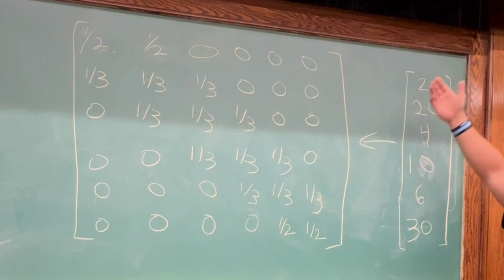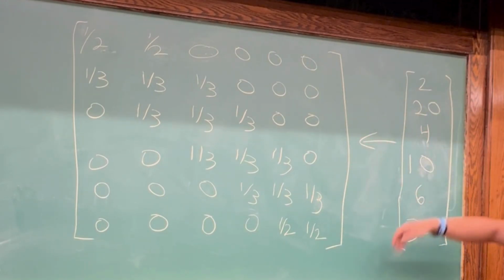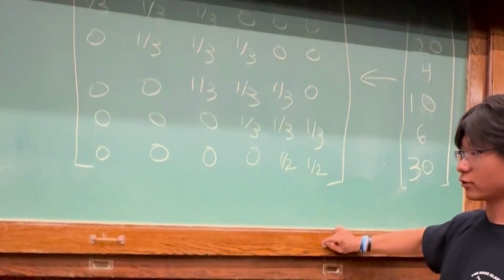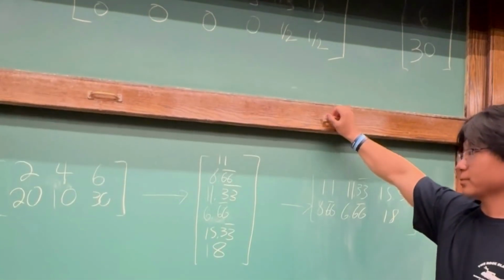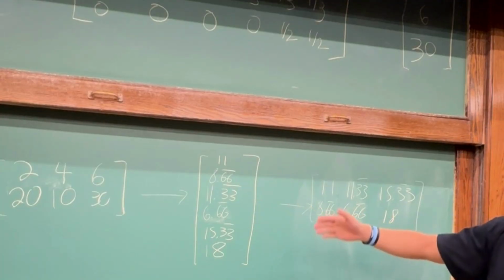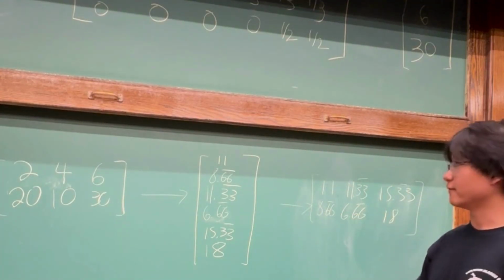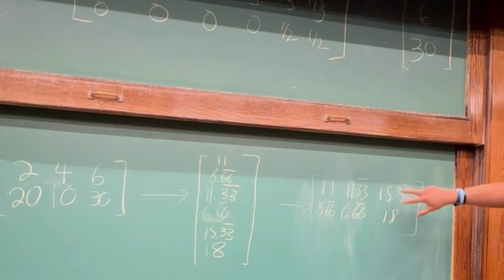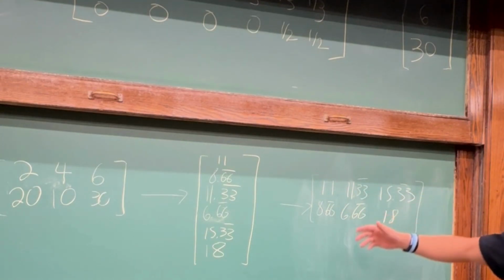So you would take 1/2 of 2 plus 1/2 of 20, and you'll do that for each element of the vectorized matrix to get these values. And then obviously when you do the reverse of the vectorization, you would bring these numbers over here to take back now a blurred version of the original matrix.